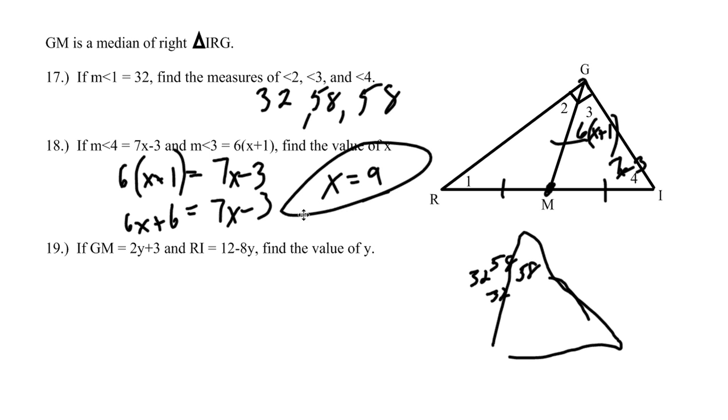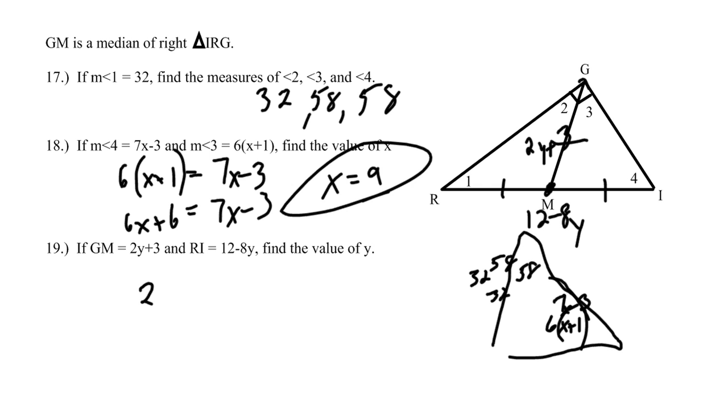Number 19. We say GM is 2y plus 3. And RI is 12 minus 8y, which, let's find the value of y. Well, since GM is equal to RI, which is equal to MI, we know that GM is half the length of RI.